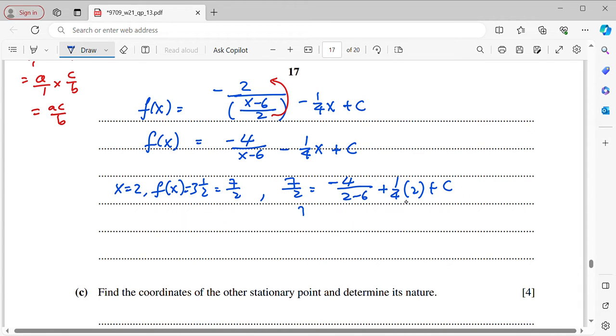So then I will get 7 over 2 equals 1, then plus half plus c. Okay, this is minus 1 over 4, so here it's going to be minus. It's not a plus. So at last your c is 3. So from here, my f(x) is going to be minus 4 over x minus 6, minus 1 over 4x plus 3. So that's the f(x).